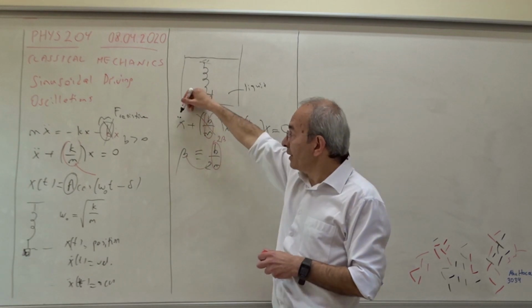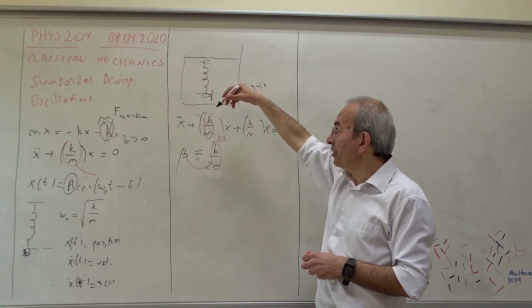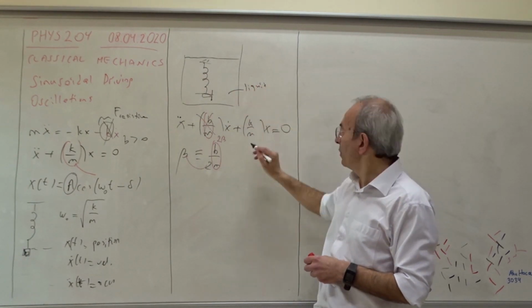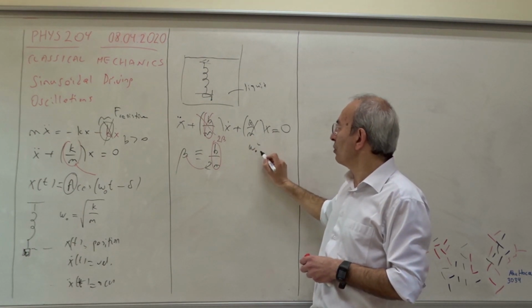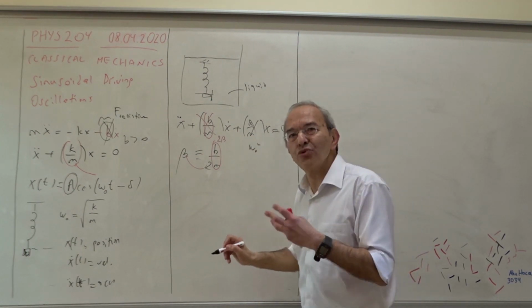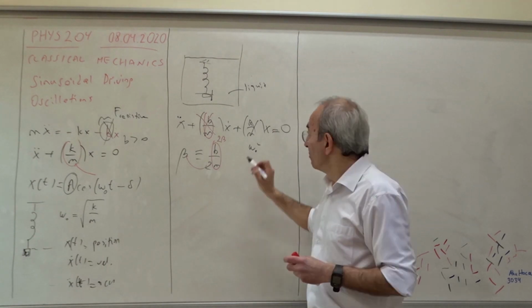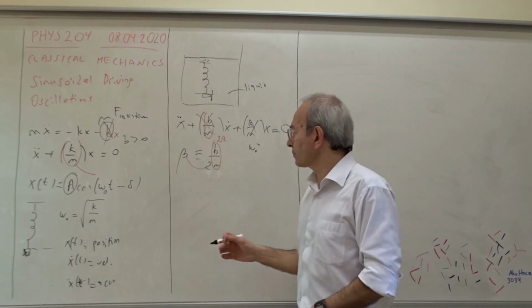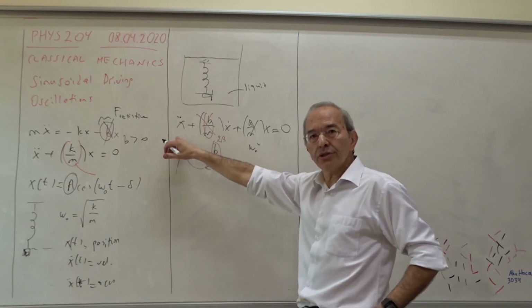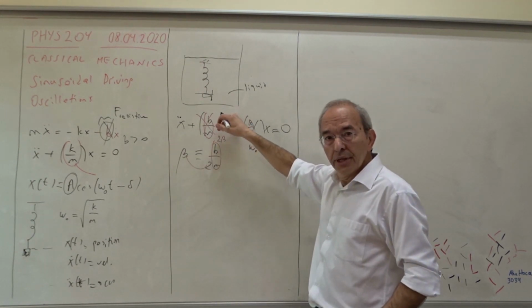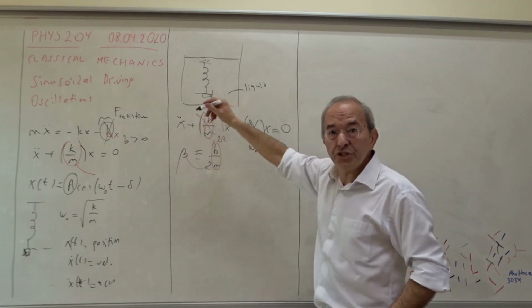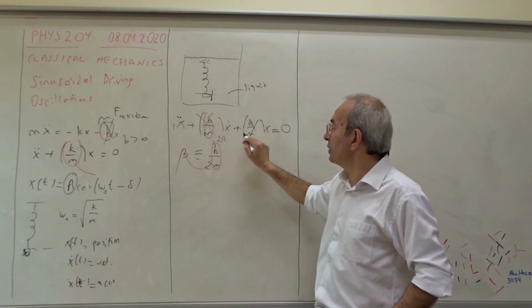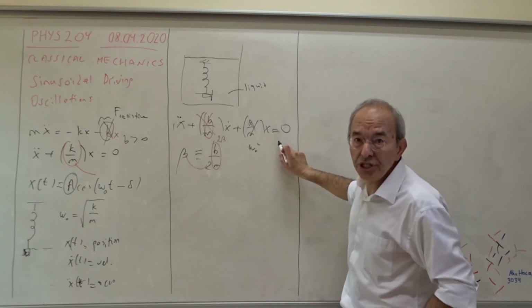This was second order, linear because there is no square. This is replaced by omega 0 squared. Omega 0 squared is not a square term because it is a constant. But x dot and x double dot are not squared, they are linear. So it's a second order, linear, constant coefficient, and homogeneous equation.